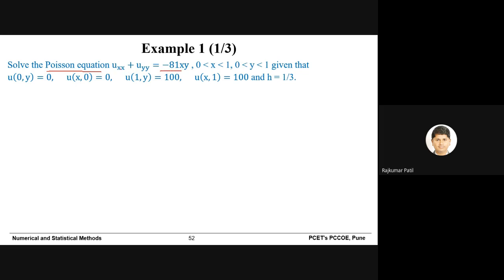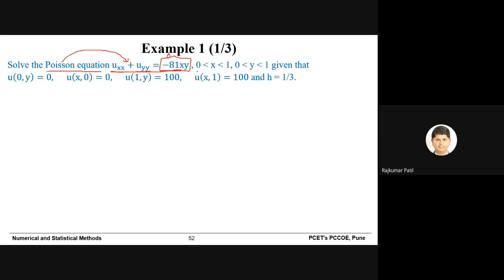So this is ∂²u/∂x² plus ∂²u/∂y², and this particular term is f(x,y), which is equal to minus 81xy. Even though the name is given, we can say that this is a Poisson equation because after the equal sign there is no zero.